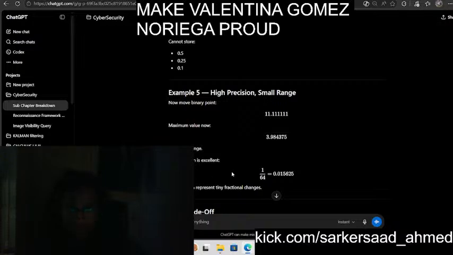But precision is really good, 1 by 64, because it's going all the way down to 2 to the power minus 6.